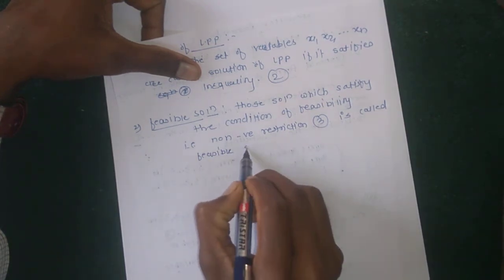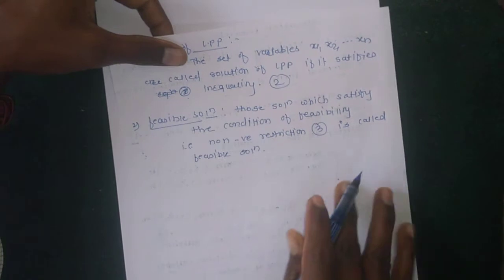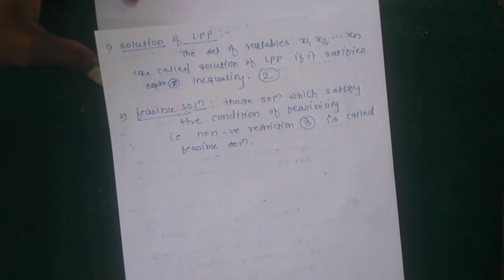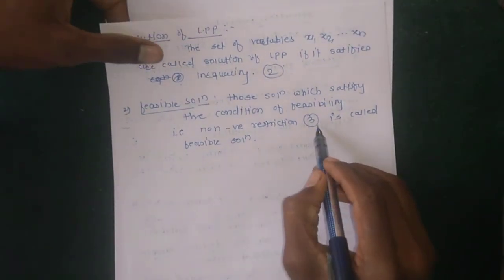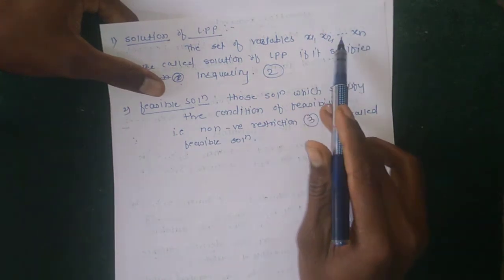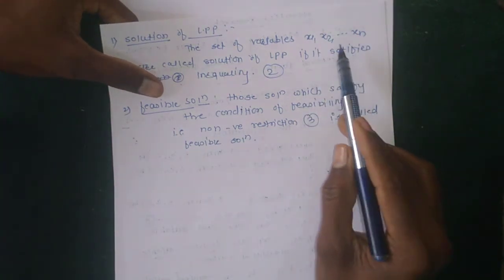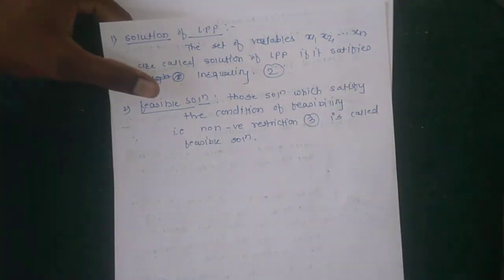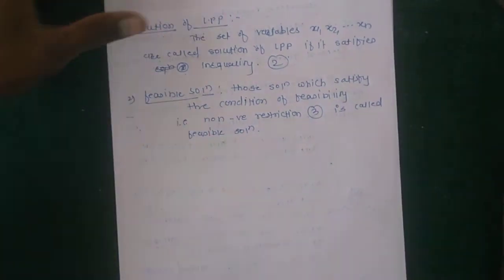Suppose x1, x2, up to xn is a solution of the LPP and also satisfies the non-negativity restriction, meaning their values are all greater than or equal to 0, then x1, x2, up to xn is called a feasible solution. So this is one definition.